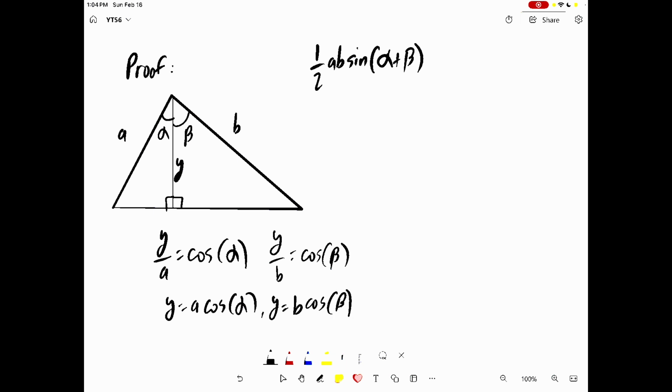So, what we have to do after this is figure out the areas. If we look at the left triangle, we're going to use the second definition of y for the area.